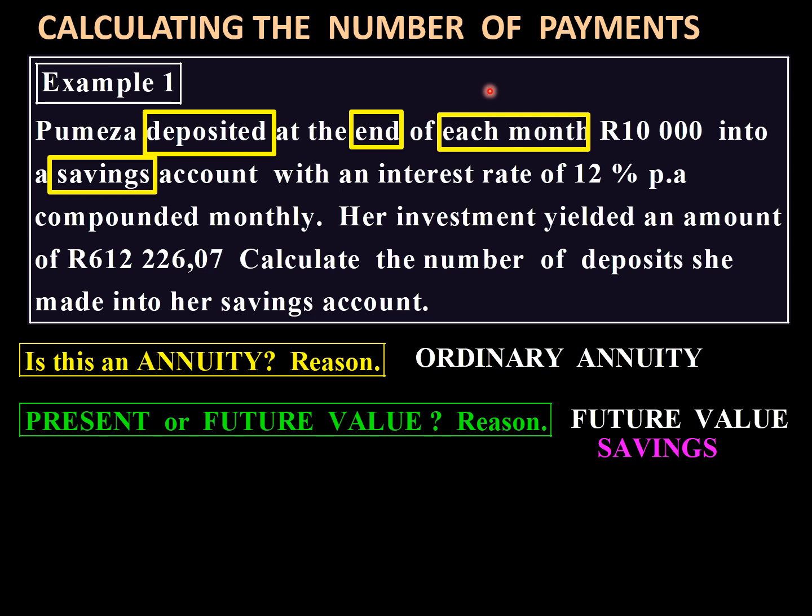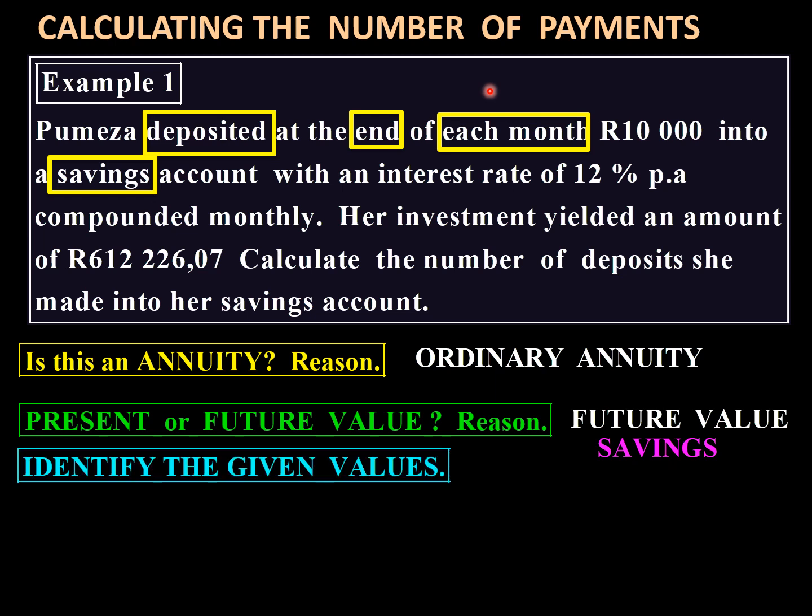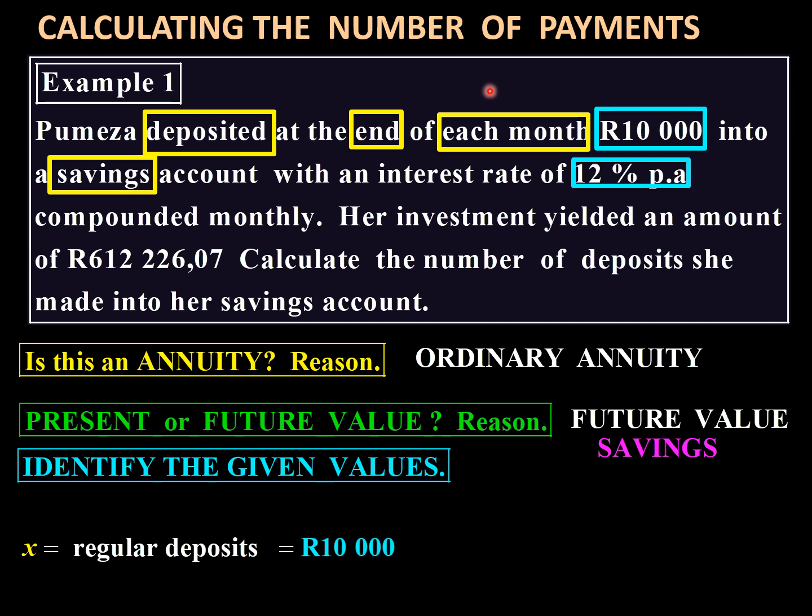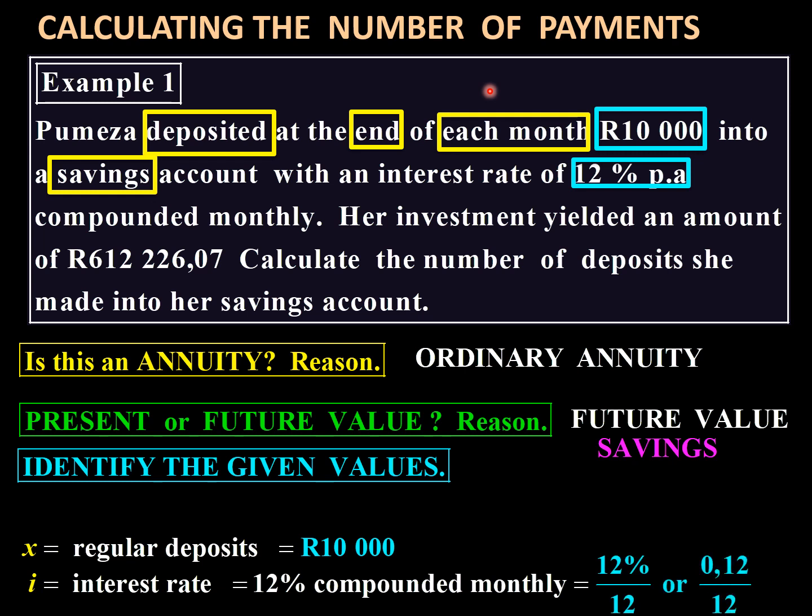Let's just identify the values, amounts that are given here. 10,000, what is that 10,000? That is the regular payments. And then 12% compounded monthly, that's the interest rate, and compounded monthly is divided by 12. Maybe this one is easy. We've got 12% over 12 can just be 1%, right?